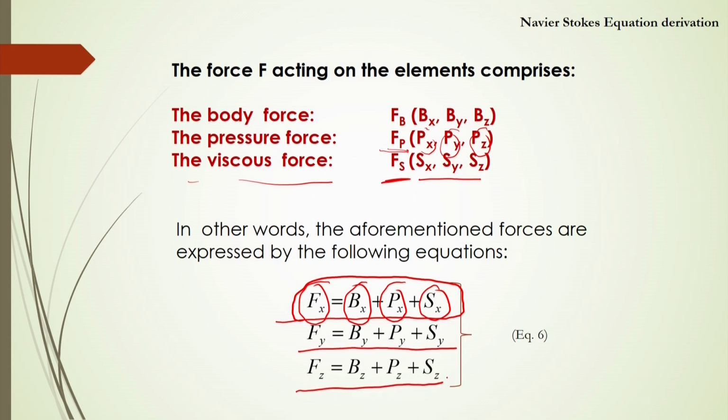Similarly, F z in the z direction is the summation of the z components of the body force, pressure force and viscous force. So, in this way, by equation number 6 we can represent the total force in the x direction, y direction and z direction respectively.